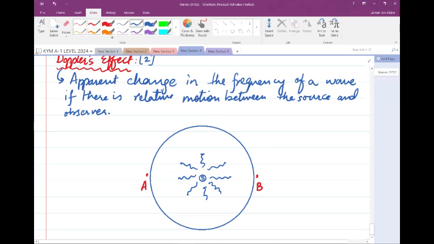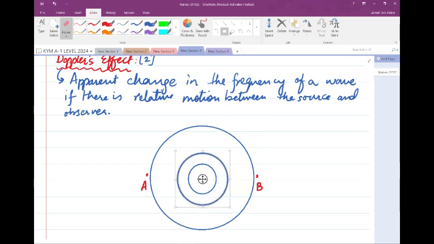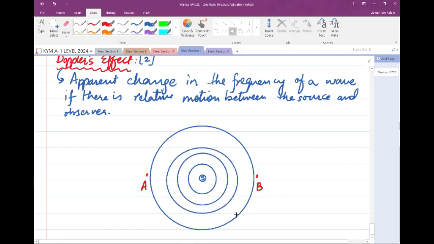All right. How do we represent the water waves? We represent those water waves by using circular wavefronts. This is a circular wavefront. Then this is another circular wavefront. Then this here is another circular wavefront.